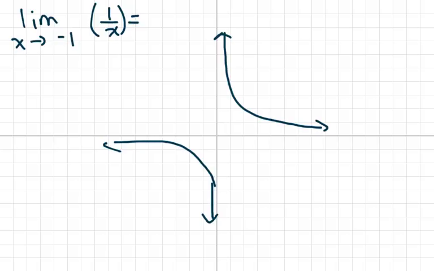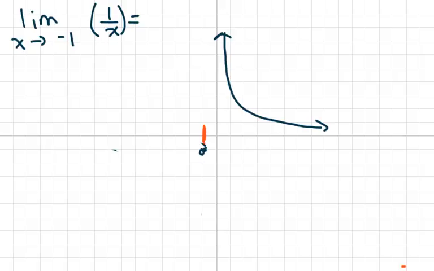We have the reciprocal function, and we're looking at what happens as x approaches -1. So when you're looking at that, this is not drawn very well at all. So if I drew this better, we're approaching -1. Let me erase this real quick. Sorry, folks.